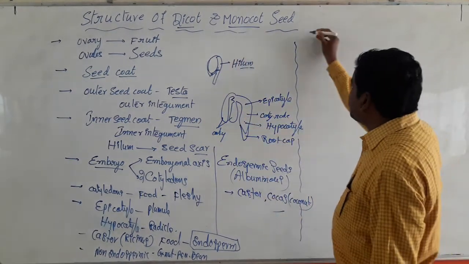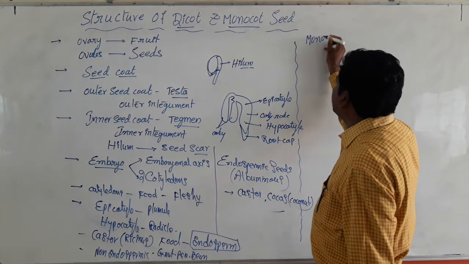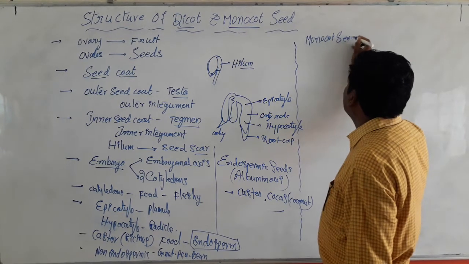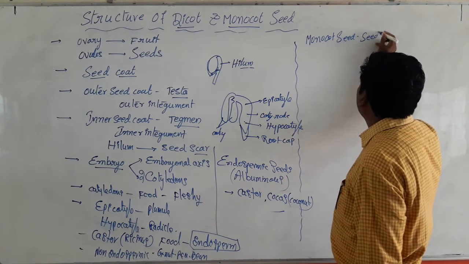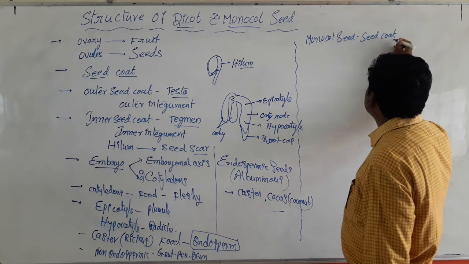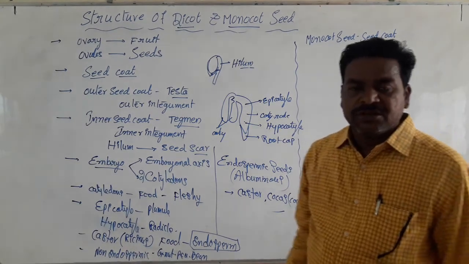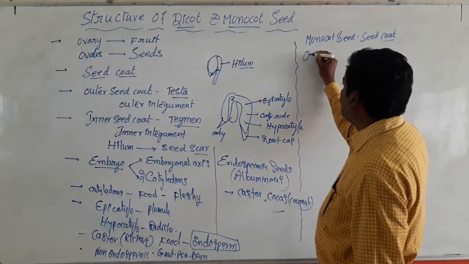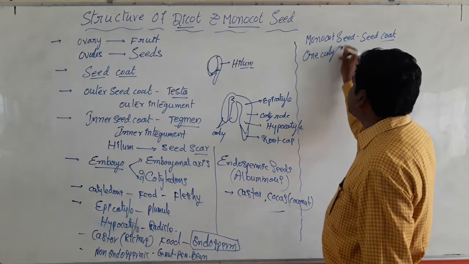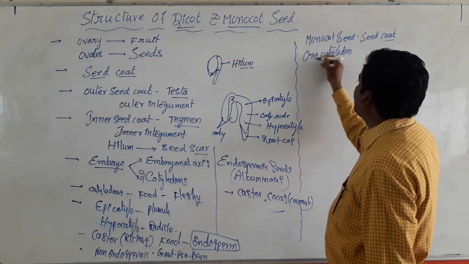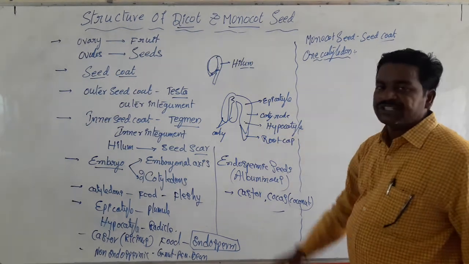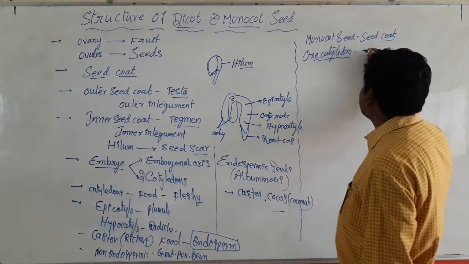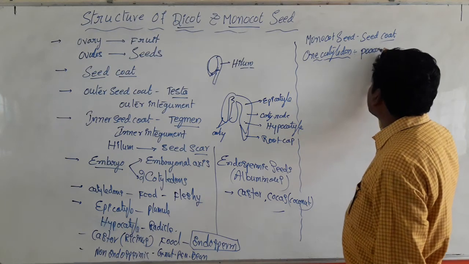Every monocot seed is represented by a seed coat. Within the seed coat, only one cotyledon is present in seeds of monocots, especially in case of Poaceae members.